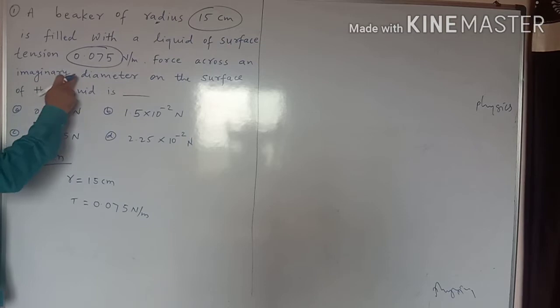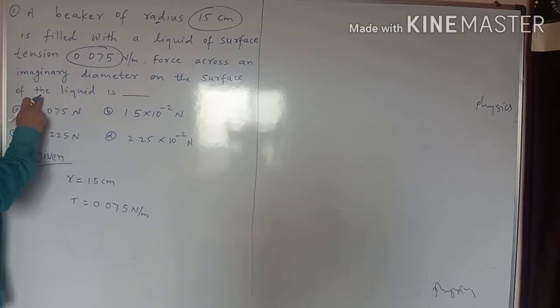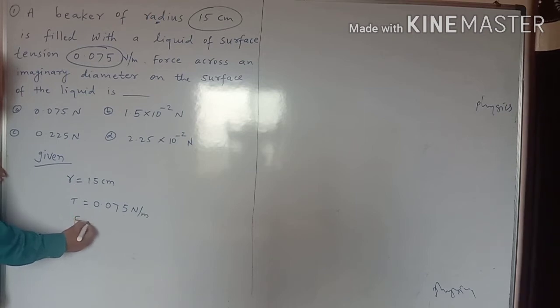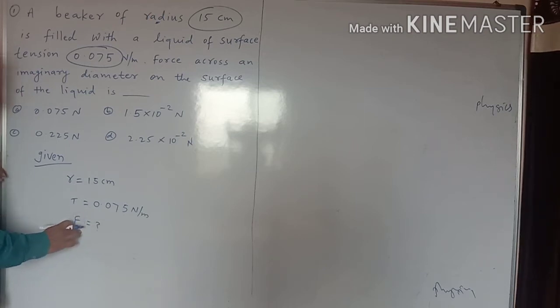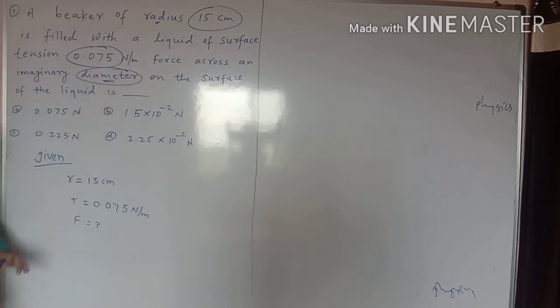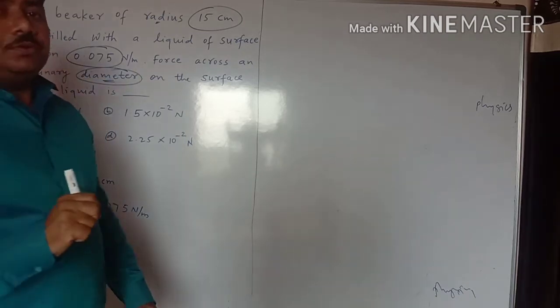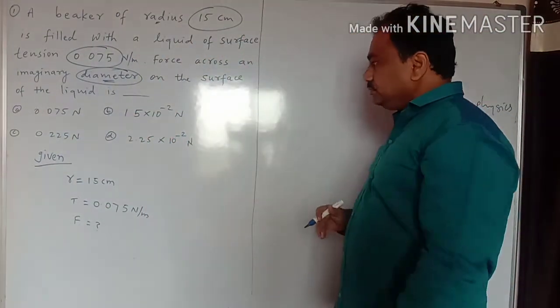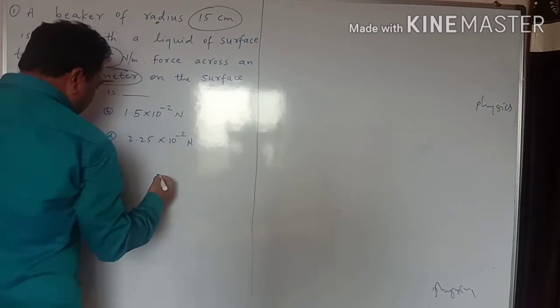The force across an imaginary diameter on the surface of the liquid is asked. So you have to calculate the force acting on the diameter. Concentrate here on the diameter. Radius is given to you and you have to calculate the force acting on the diameter.